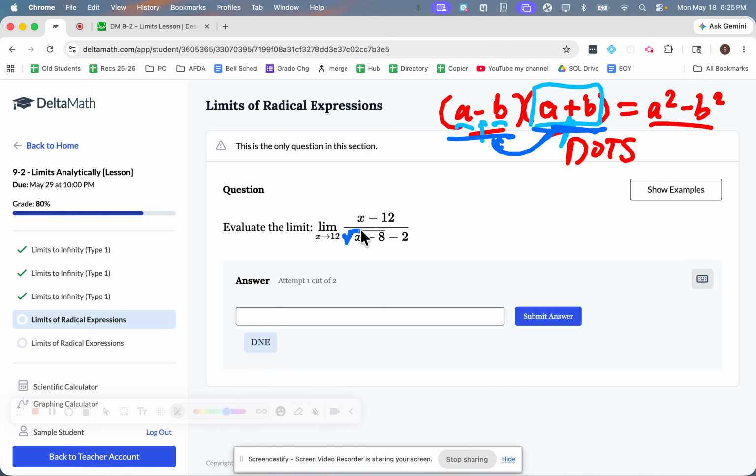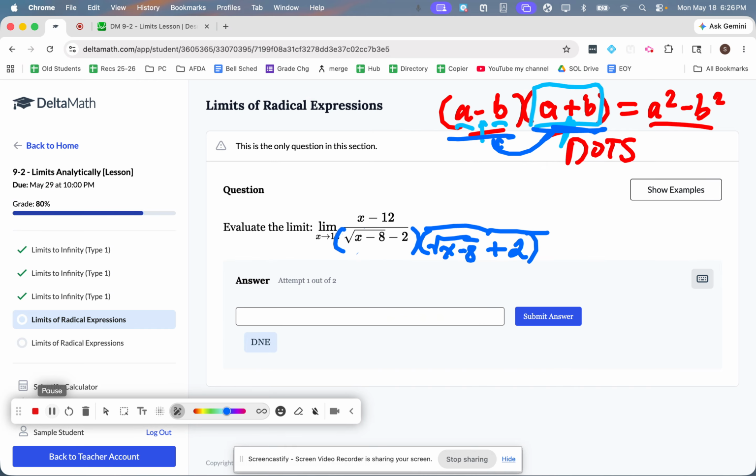I'm going to get rid of this nasty radical sign by multiplying this by its conjugate. Here's my a, x minus 8. I'm going to switch that sign to a plus, and there's my b. Put parentheses around that.